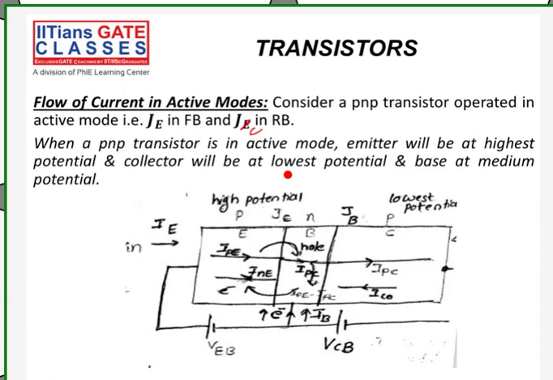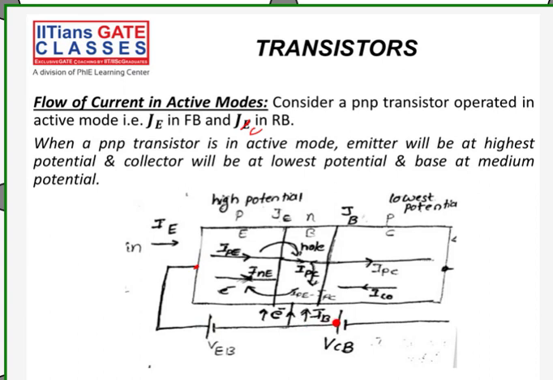Here the emitter will be at a higher potential and collector will be at lower potential, that I told you earlier, and the base at the medium potential. As shown in the figure, we can see the emitter terminal, which is at the highest potential, and its negative was connected to the positive of this.